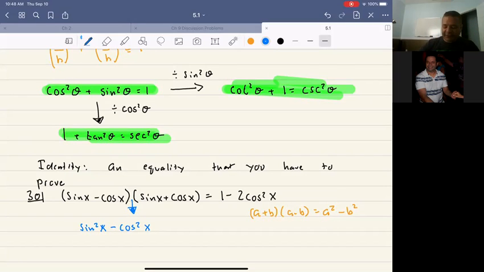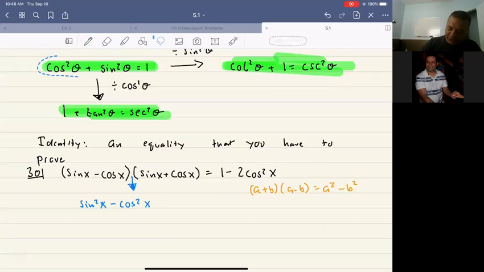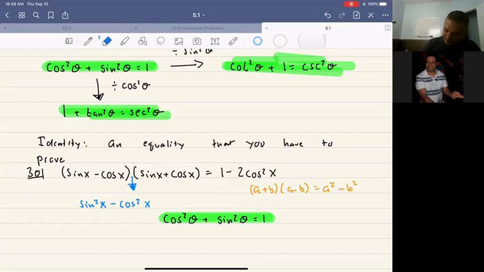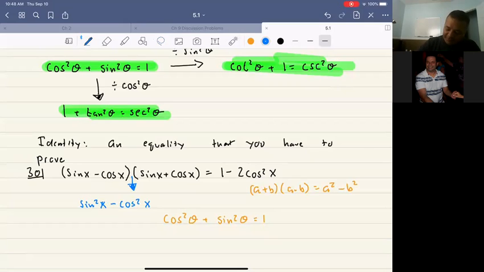Okay, now we're going to take the first Pythagorean identity. Okay, and one of the things I like about doing my work on here is I can do this sort of game. So I'm going to take this identity, and due to this identity, I can replace my sine squared of x by 1 minus cosine squared of x.